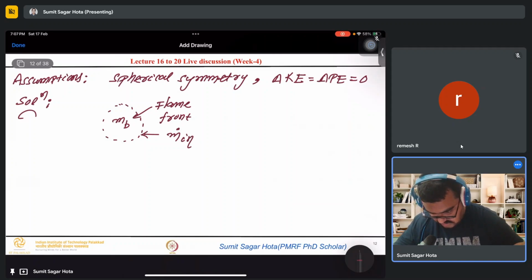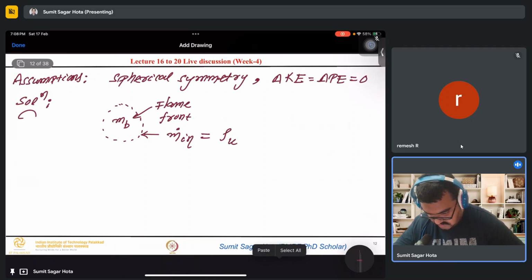What is m dot in? The mass flow rate into the control volume, which is equal to rho A V, from the continuity equation. Here the velocity is the laminar speed, and the area is the flow area, which is the sphere, and the sphere's area formula is 4 pi rf square.